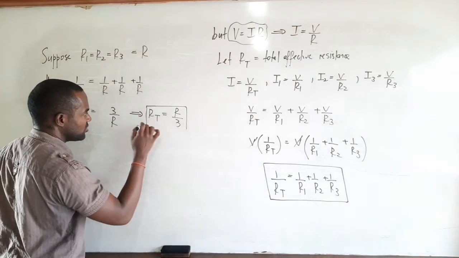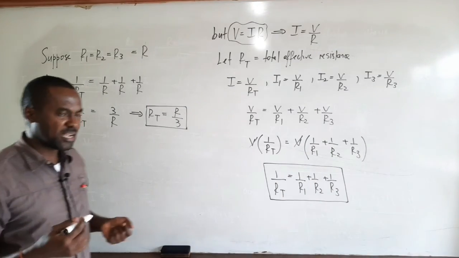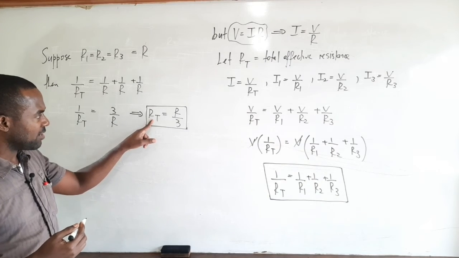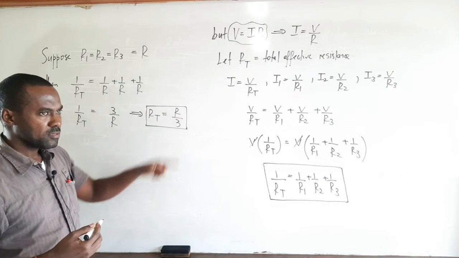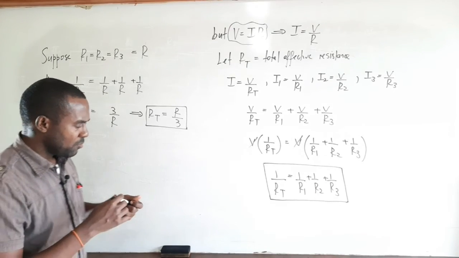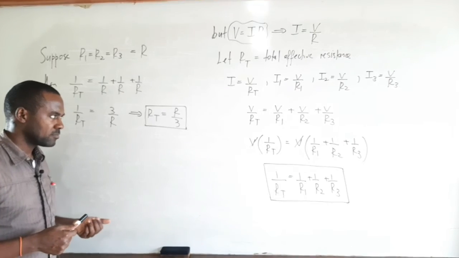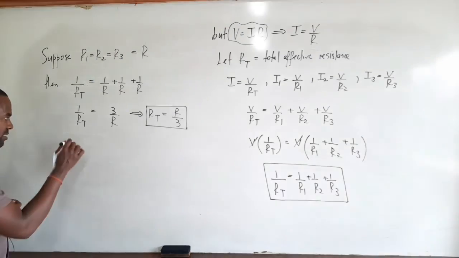This shows that if we have 3 resistors, each of resistance R connected in parallel, then the total effective resistance RT is equal to the resistance of 1 divided by 3. So the total effective resistance will be a third of the resistance of each resistor.